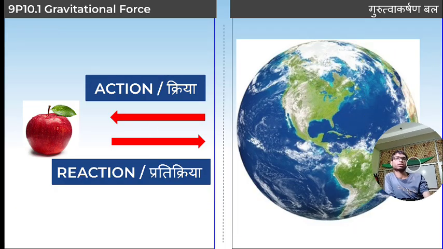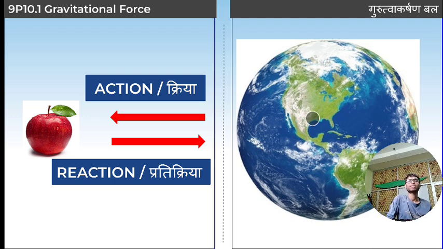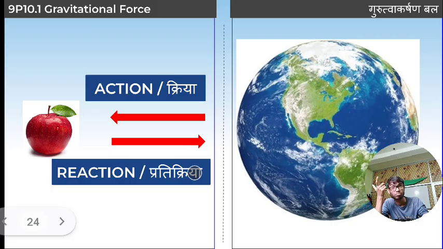Same here, when this ball applies force on this, it will also apply force on this, and both forces will be equal. If one object takes action, of course the other object will show a reaction. Clear? So this apple is applying force to attract this, and that's why the reaction will be shown.